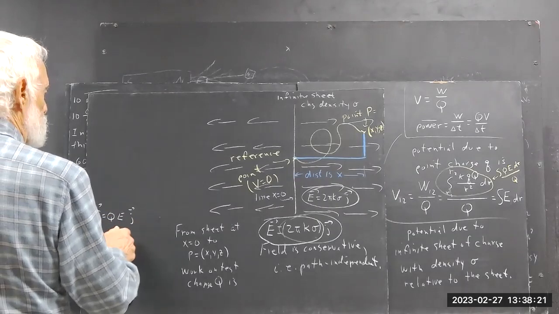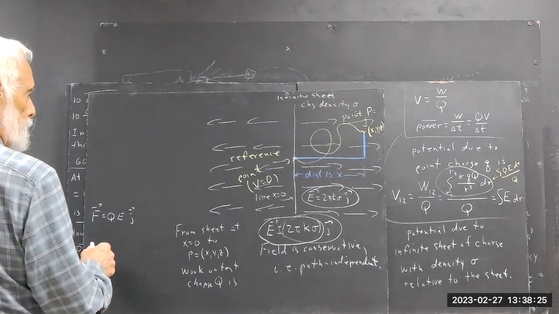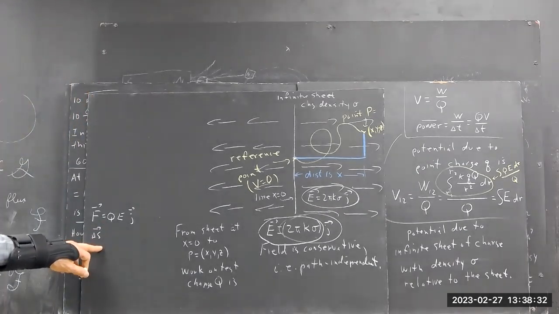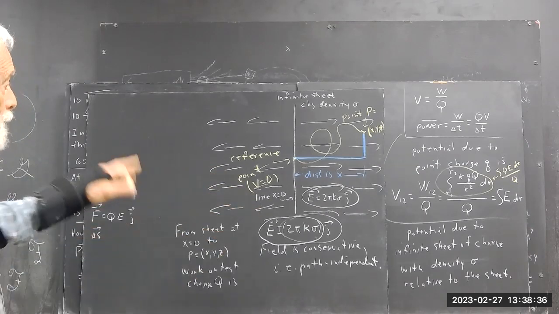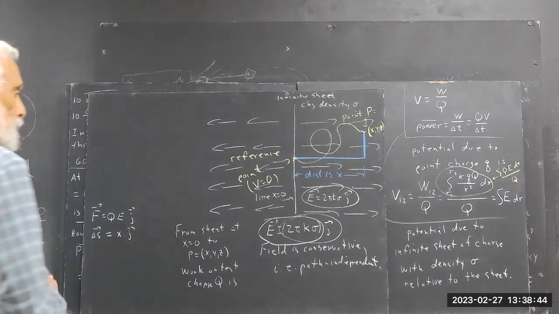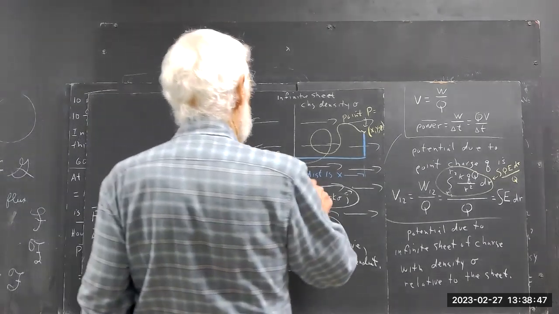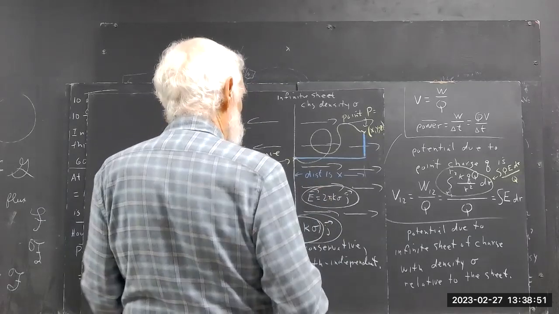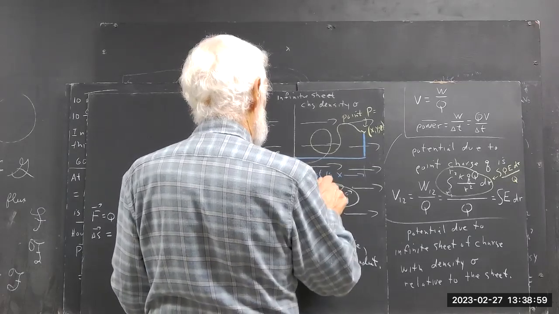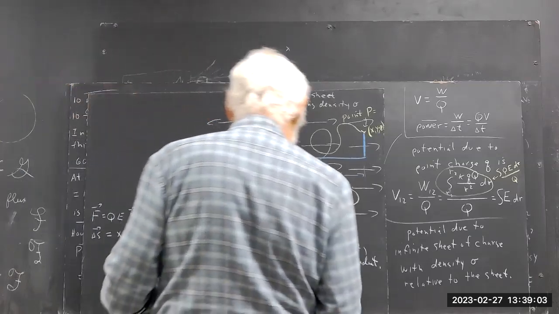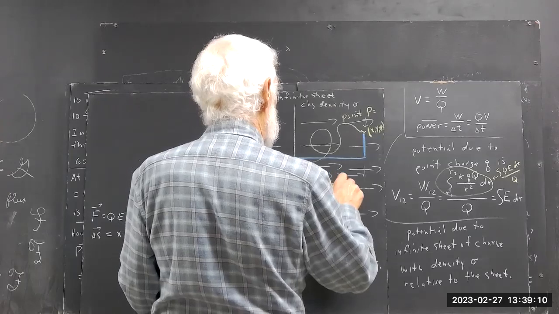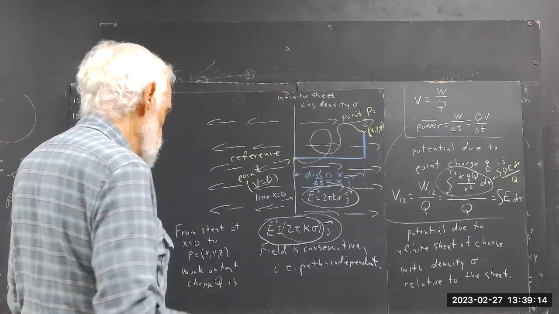Okay, so that was here. The displacement is from x equals 0 out to x. Distance is x. Delta x is x now.